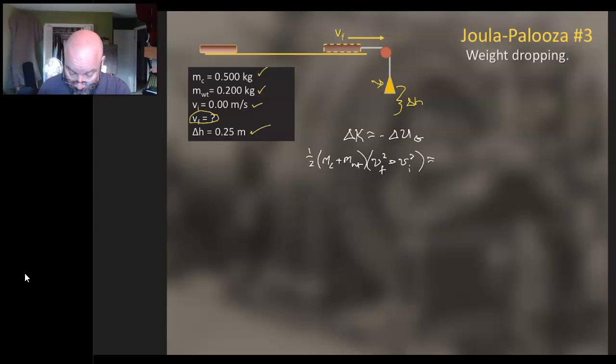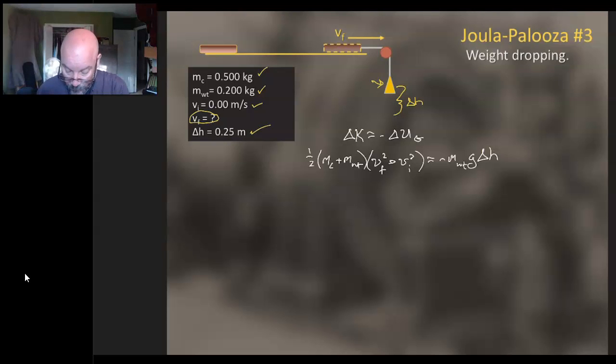Now our other term is always an mgh, but the little cart is not changing height. So it's got a delta H of 0, so we don't have to worry about it. All we need to worry about is our delta H of our hanging mass. Just like that, and we're good to go.